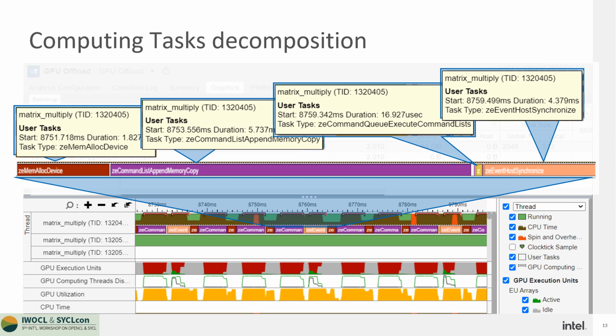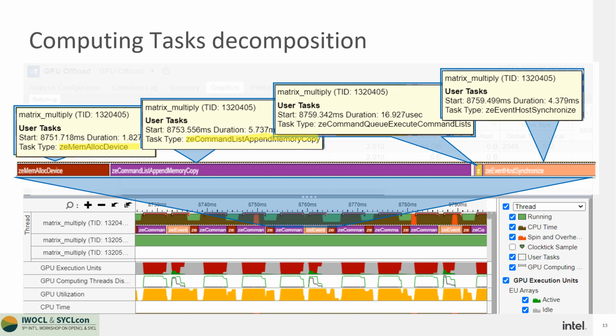If we zoom into an individual task, we can observe the parts that the task consists of. This is the Level Zero API, which is allocating a device and then copying the data to the GPU.